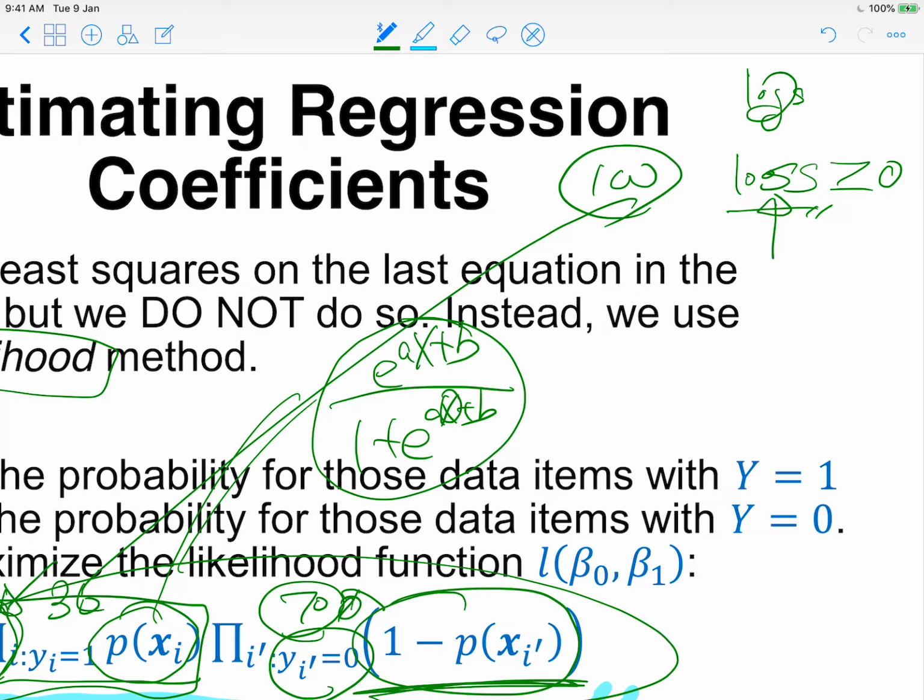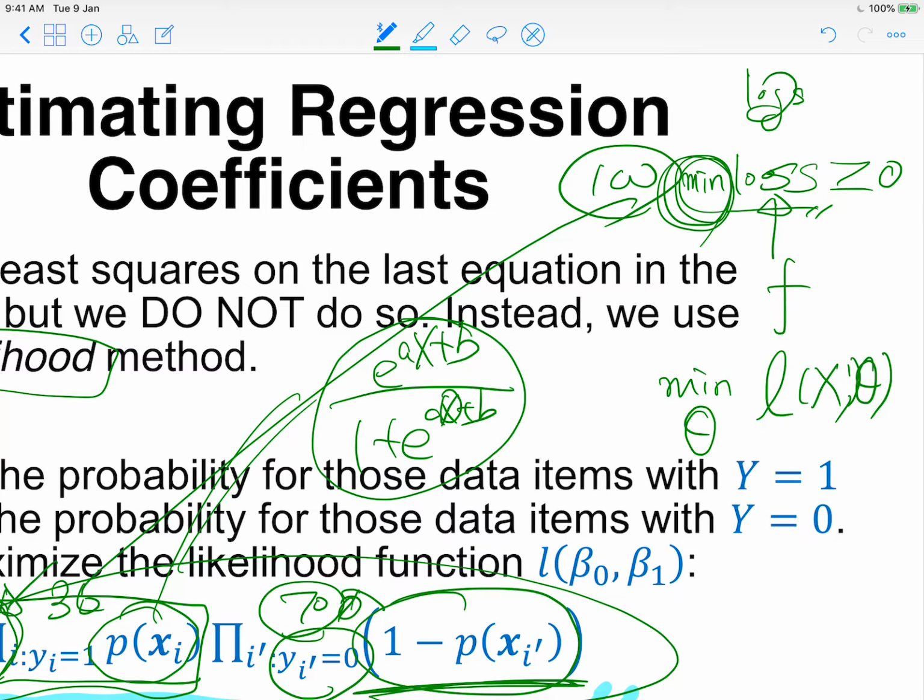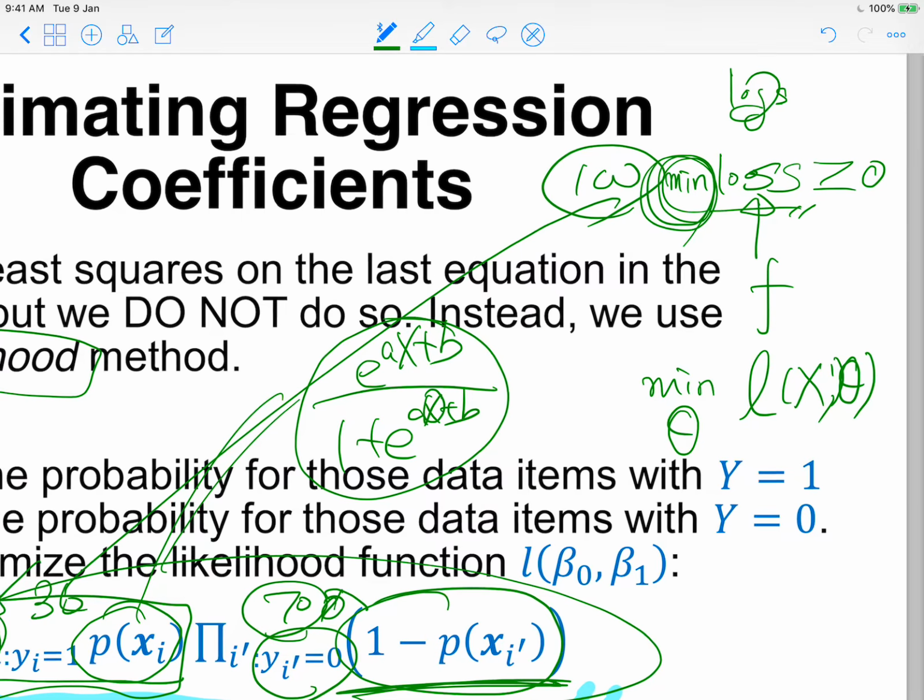And also, this is a measure we want to minimize. So the loss function L of our training data and our model parameters, we want to minimize it with respect to our entire set of parameters, right?